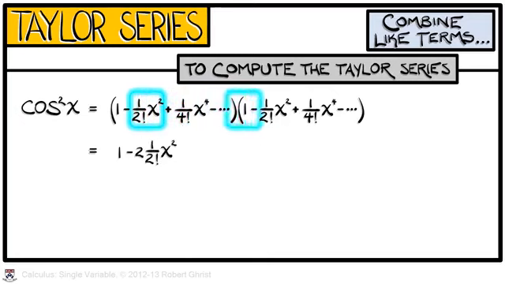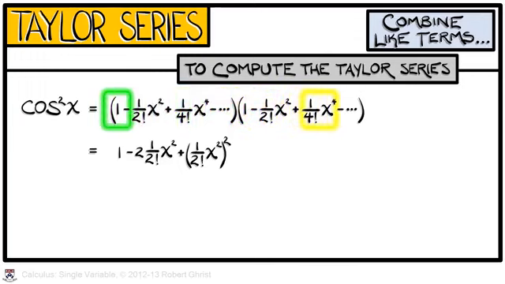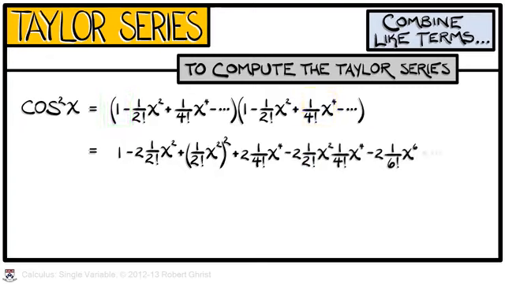The next order terms are of fourth order and consist of x squared over 2 factorial quantity squared. But there are a few others as well. There is an x to the 4th over 4 factorial term and another x to the 4th over 4 factorial term. All of the other terms are going to be of higher order.